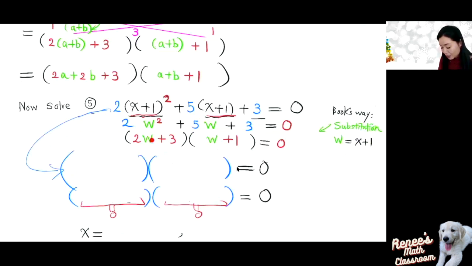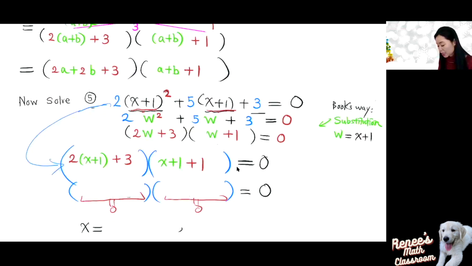The w over here is x plus 1. So you have 2 times (x + 1) plus 3, and then (x + 1) plus 1 equal to 0. The step here is we substitute this w back by x plus 1. So this is the book's way, substitution.